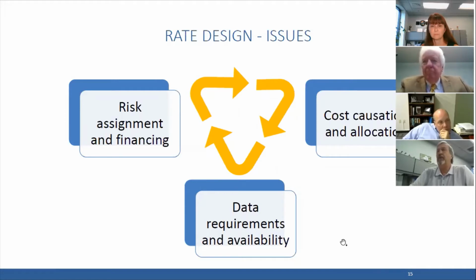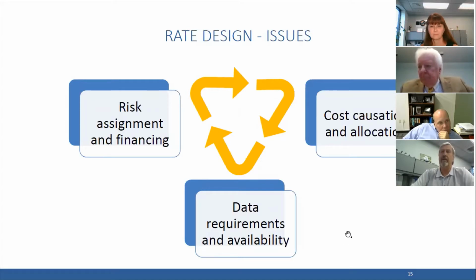Another issue is, are we allocating cost to the customer classes based on cost causation? In other words, we want to get the revenues to line up with the costs that are being incurred, and assign those revenues to the customers that are causing the costs.